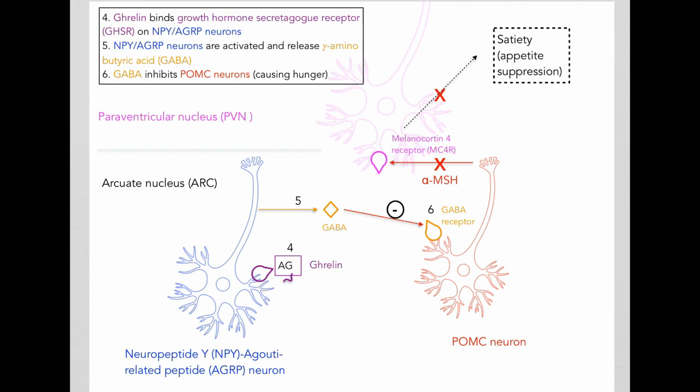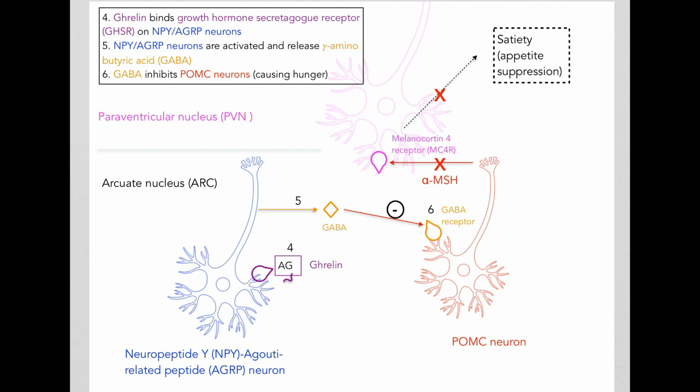Now when ghrelin is released by the stomach, ghrelin will bind the GHSR receptors, these GHSR receptors here, which are present on these neurons called the neuropeptide Y, Agouti-related peptide neuron, or NPY-AGRP neurons that are present in the arcuate nucleus.